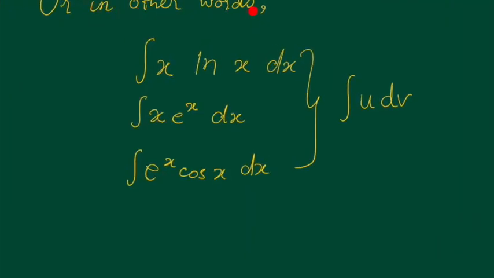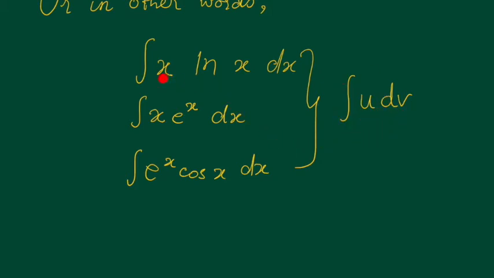In other words, these examples, integration of x ln x dx, x e^x dx, and e^x cos x dx, are actually in the form of integration of u dv.